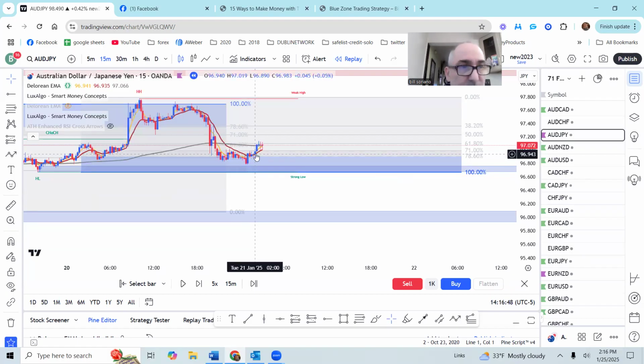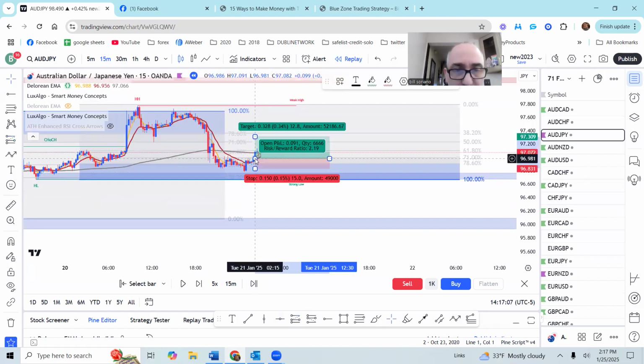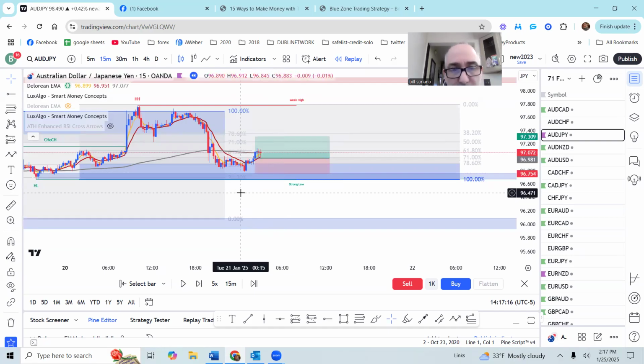So if you look here, if you look at this DeLorean EMA and these values that show up when you hover over a particular candle, it shows you that you get a cross right there. So you could technically now take a trade at the open of this next 15-minute candle, and your stop loss just goes right down below the low prior to that shift.